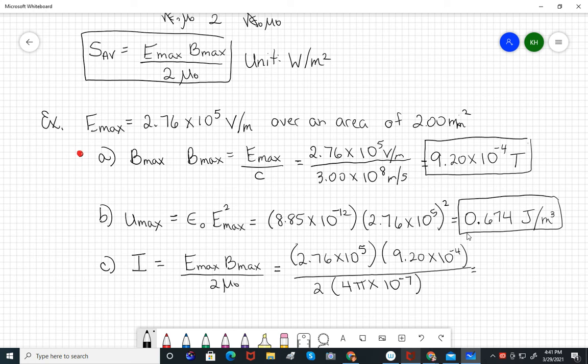Get a calculator and type this in, and I get 1.01 times 10 to the 8 watts per meter squared.